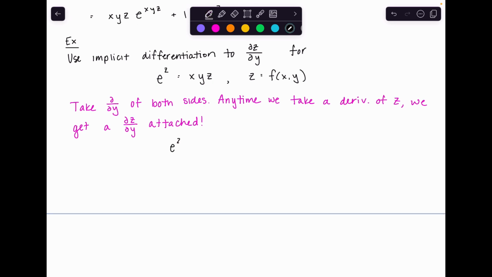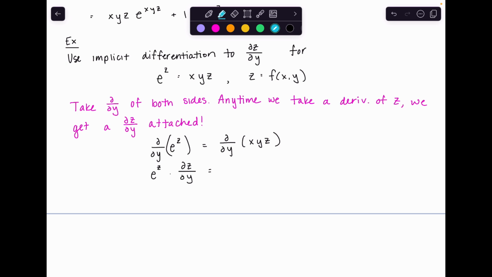So this side, I'm going to take the derivative with respect to y. The right-hand side, same thing. Take the derivative with respect to y. I differentiate involving z as normal, so you still get the same thing back. But because I'm taking a derivative of z, I get that z prime, in a sense, attached. It's just a partial.